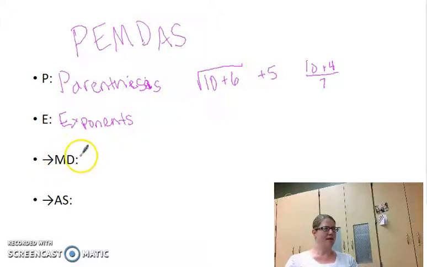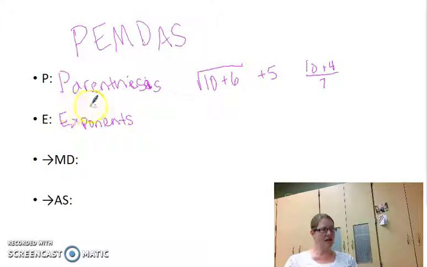So as I evaluate my equation or my expression, after I've evaluated parentheses and exponents, next I'm going to move on to any multiplication and division in the problem. If there's more than one multiplication and division in the problem, how do I know which one to do first? That's what this little arrow over here tells me. The arrow tells me let's work from left to right.